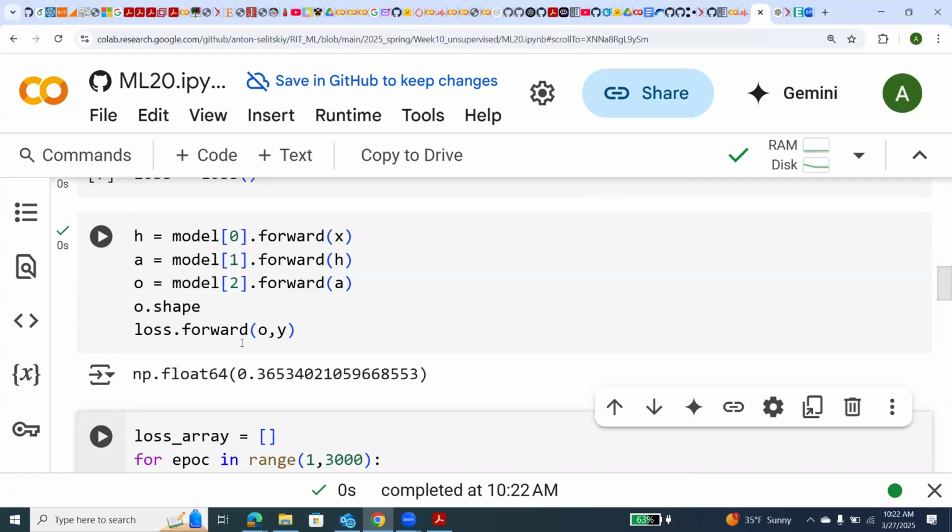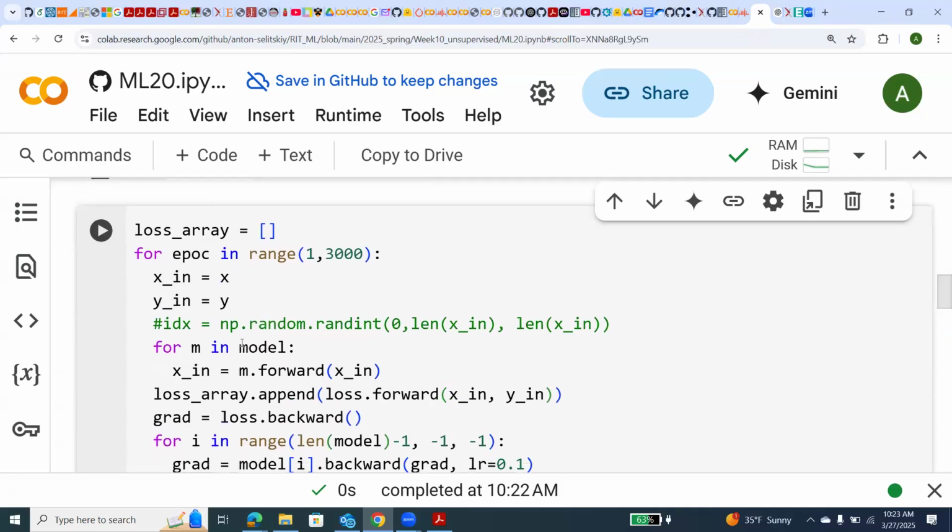After that, I should do the backward mode. So I should calculate the gradient of my loss function with respect to O. Then use this as input to the gradient of activation, and so on. And this is the final for loop.